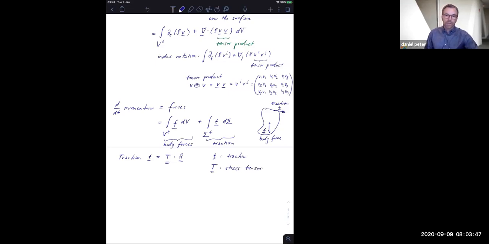So now you see again a new notation with 2 bars instead of 1 bar. 2 bars means a tensor, 1 bar means a vector. So T is T11, T12, T13, etc. So it's a 3x3 tensor, sorry.